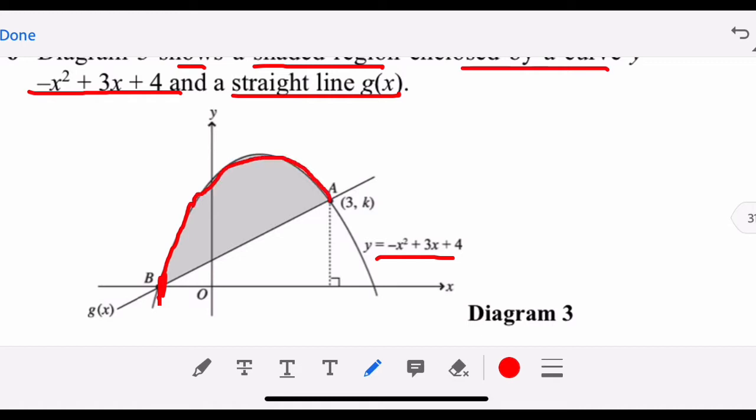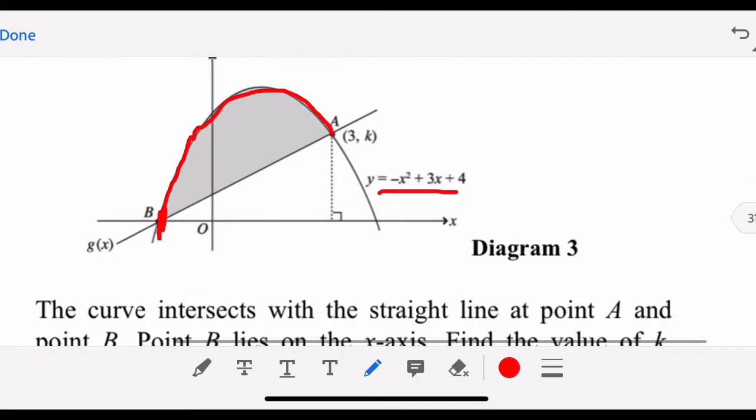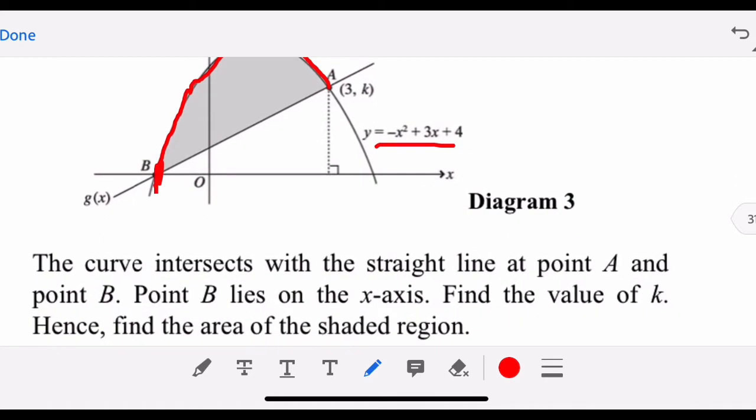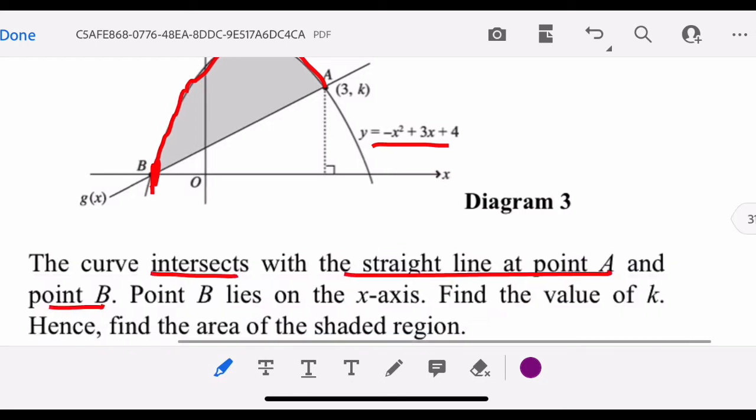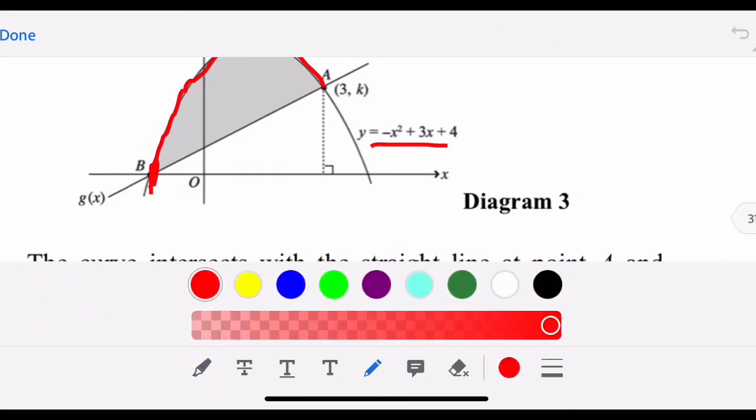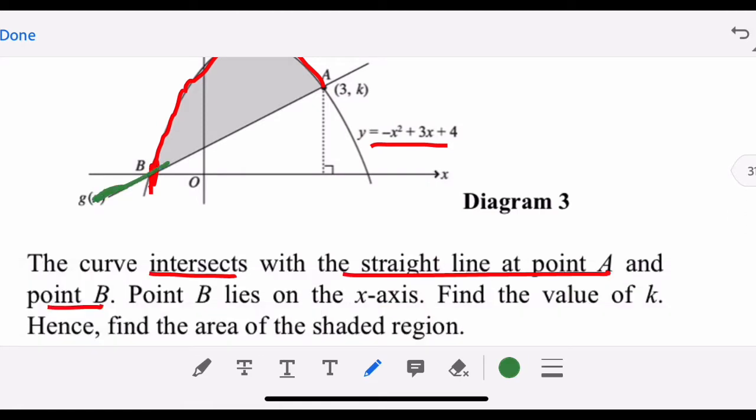First of all, the question says the curve intersects with the straight line at point A and point B. So this is the point of intersection. Let's say this is the straight line.